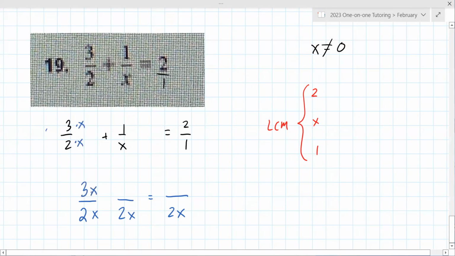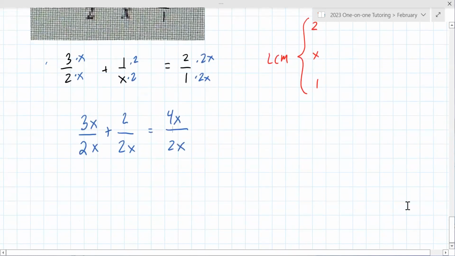And that puts 3x down here. What is this x missing to get to 2x? A 2. Times 2, times 2. So there's a 2 there. What is this 1 missing to get to 2x? It's missing 2x. So you multiply top and bottom by 2x, which equals 4x.